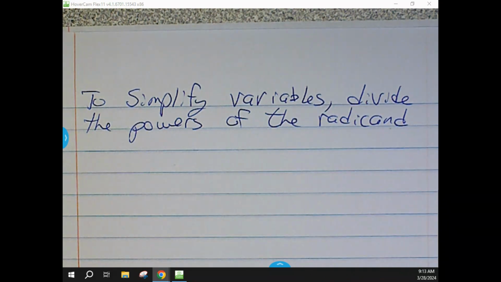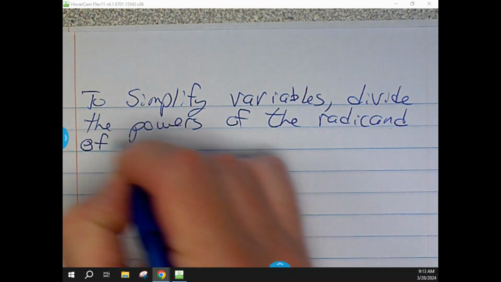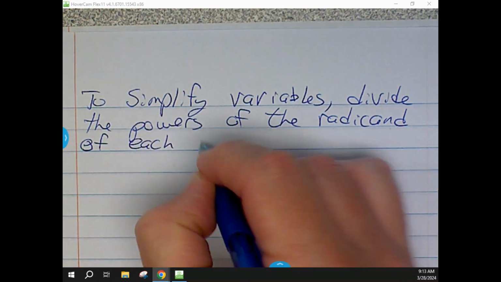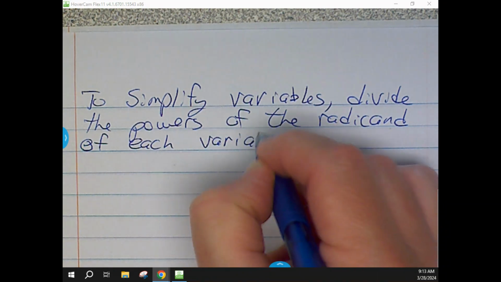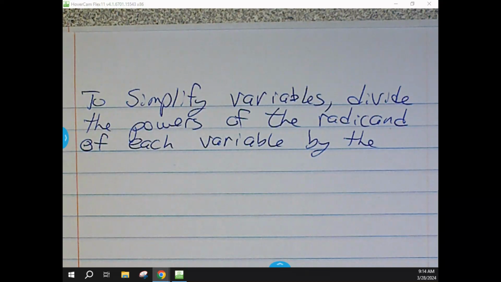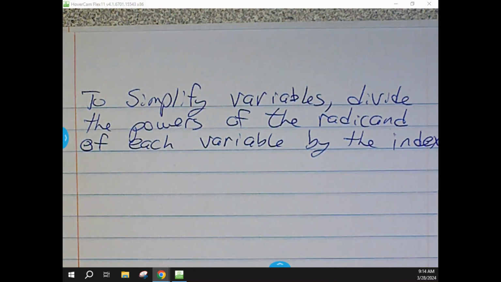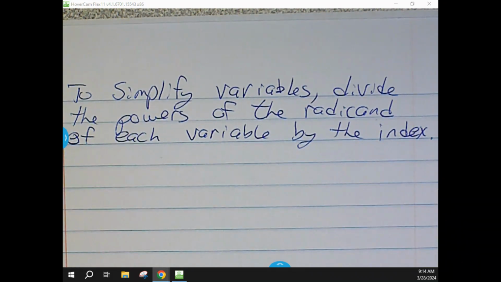Again, the radicand is what's on the inside of each variable, by the index or the root, whichever way you want to call it. So basically, you're going to take the numbers on the inside and divide them by the exponent, or the index, or the root that's on the outside.